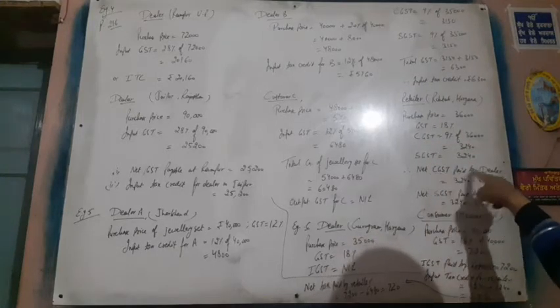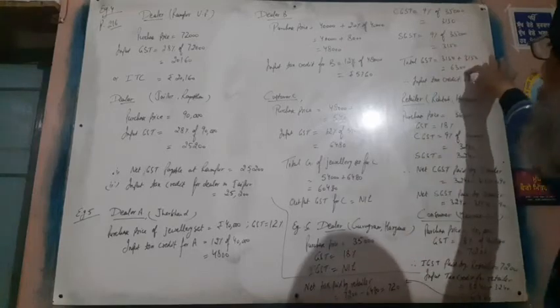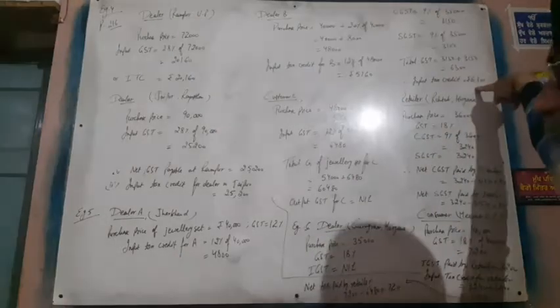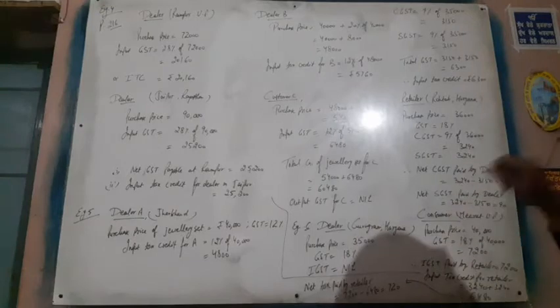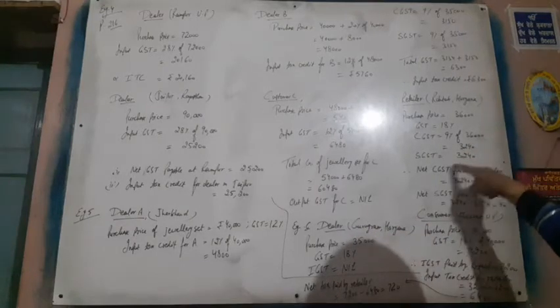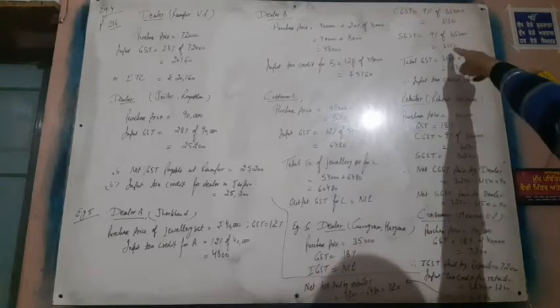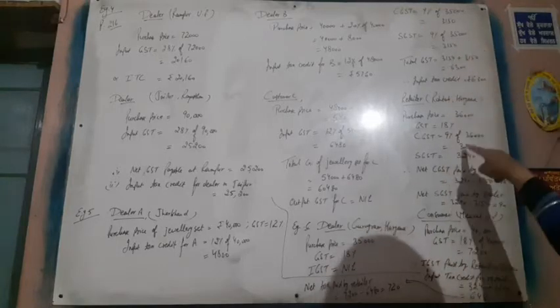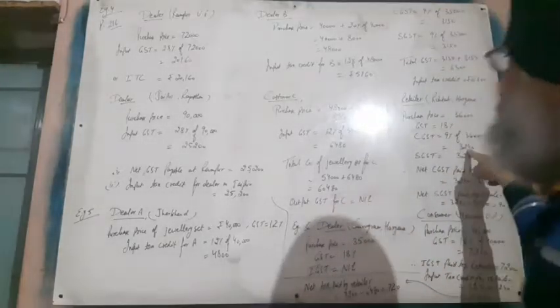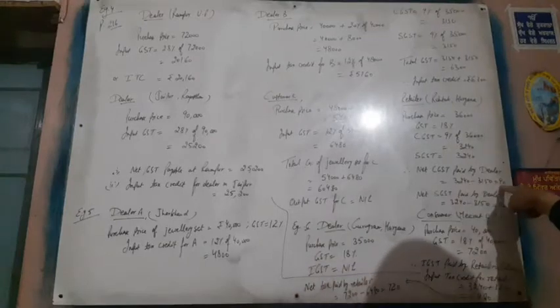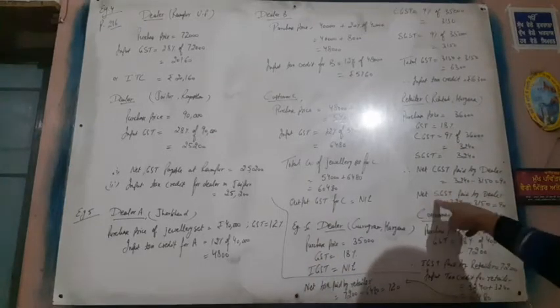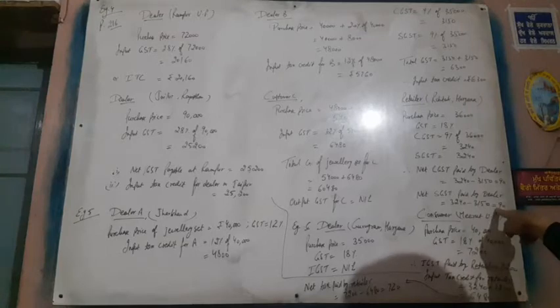Next, the CGST paid by the dealer. Now the dealer has already paid 6,300, so 3150 is the CGST he has already paid. He has received 3240 from the retailer. So net CGST, 90 rupees, now he has to pay. Next, SGST also paid by the dealer, rupees 90.